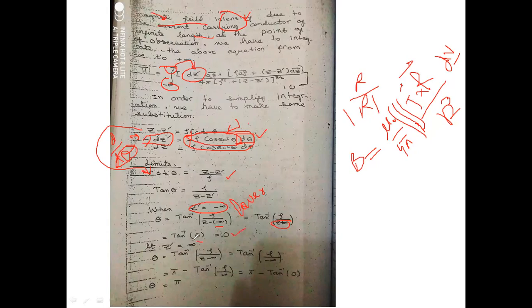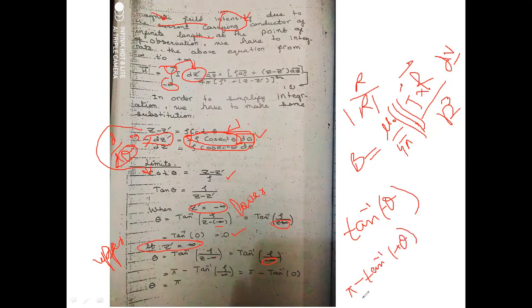Now this is the upper limit, z dash is equal to infinity, so theta is equal to tangent inverse rho over z minus infinity. Now we have minus infinity, the angle becomes minus. According to the trigonometric equations, if we have a minus angle for the tangent theta, it can be replaced by pi minus tangent inverse plus theta.